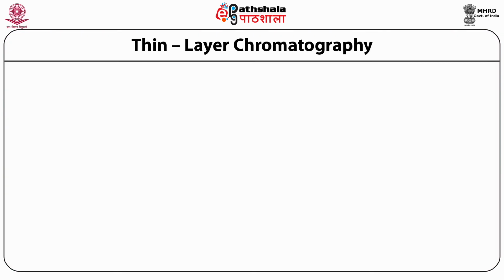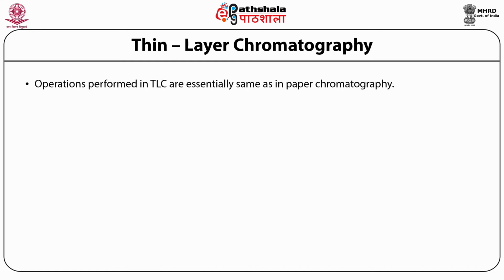The next type of simple chromatographic technique is thin layer chromatography. Here, the operations performed are essentially the same as in paper chromatography, and most of the previous discussion applies to this remarkably simple form of chromatography as well.